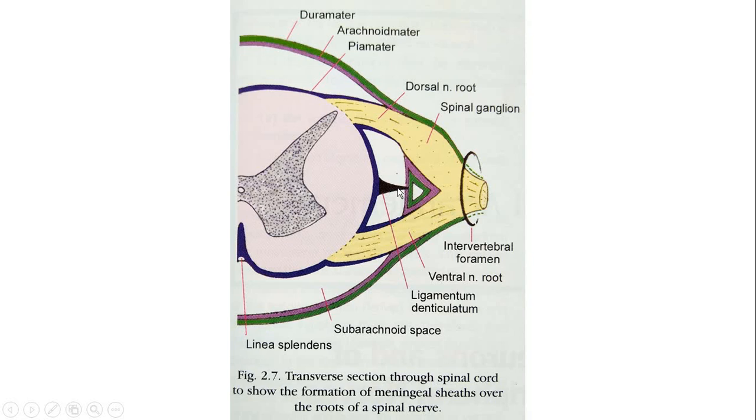So these teeth-like projections first pierce the arachnoid mater, then are attached to the inner surface of the dura mater. So there are 23 pairs of ligamentum denticulatum on either side. They help in lateral support of the spinal cord.